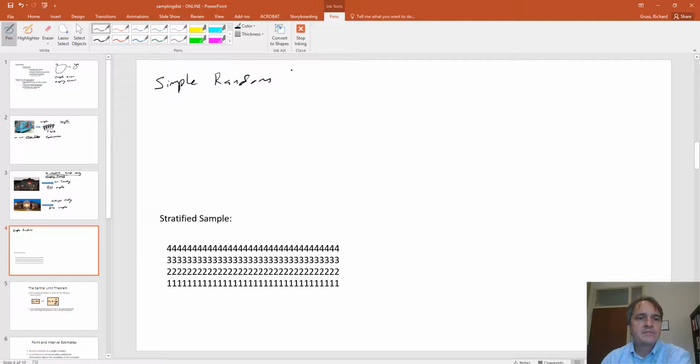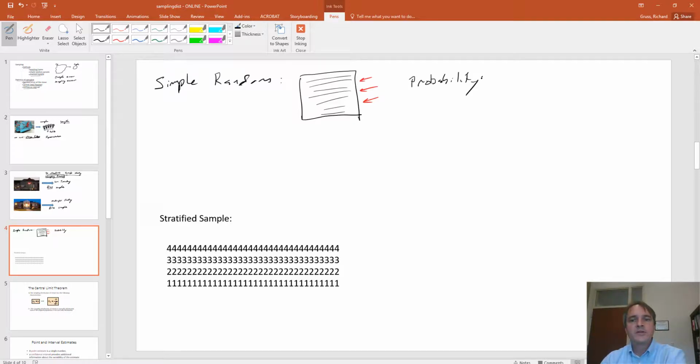And with a simple random sample, you're just going to go down your sampling frame. Let's say this is a list of every person in the population, and we just randomly select from it. Just randomly select, randomly select, randomly select. And what's going to happen with a simple random sample is it's going to be what we call a probability sample.